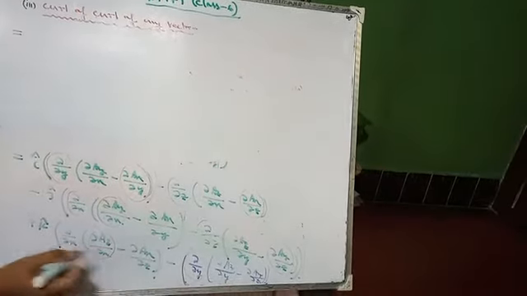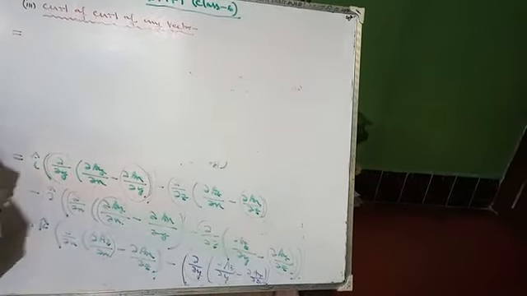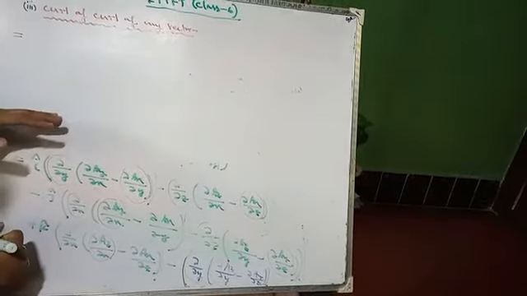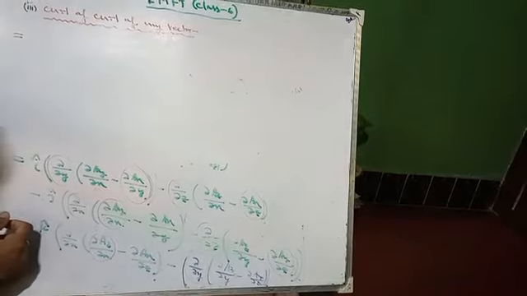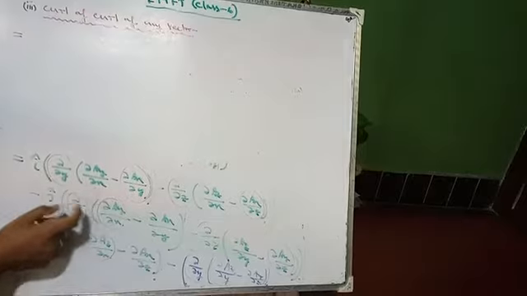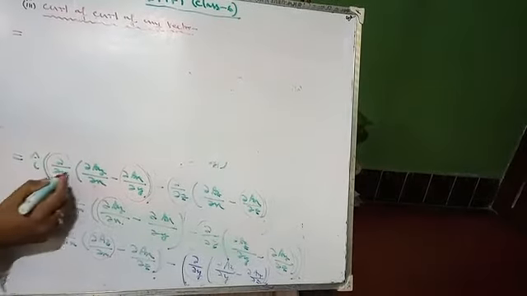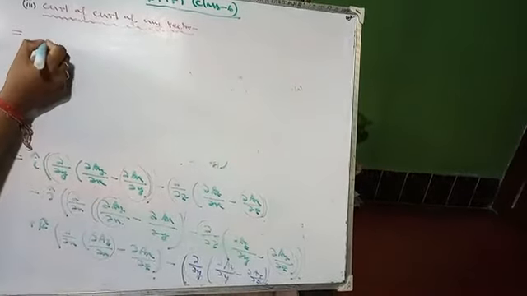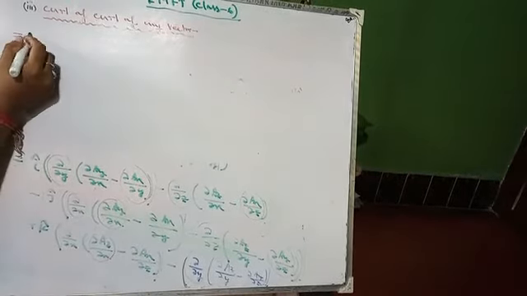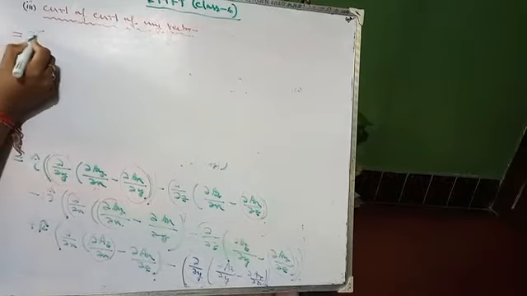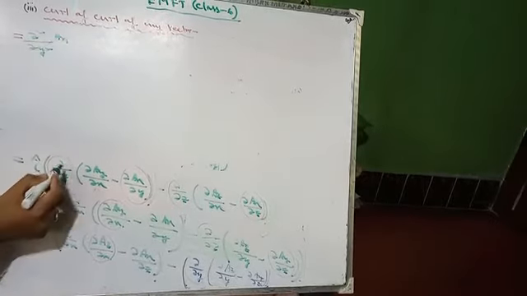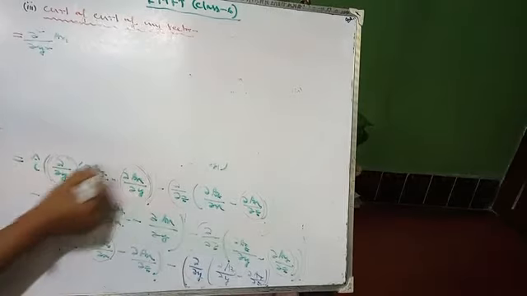For every part you can see a square term, del y into del y, d2 dy2 of ax, only this part, which will be multiplied with this one.